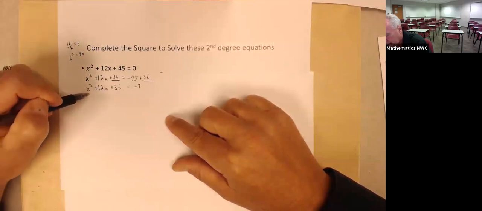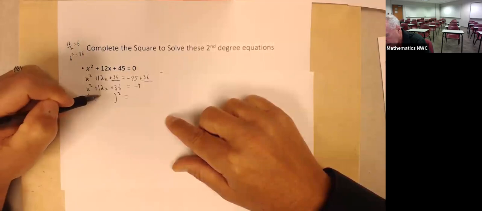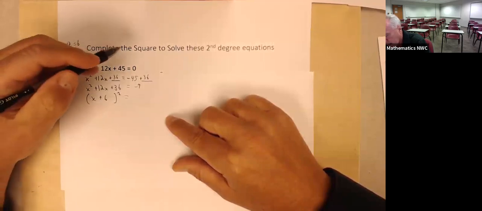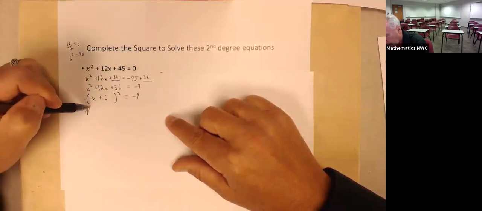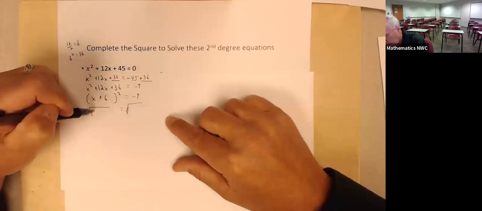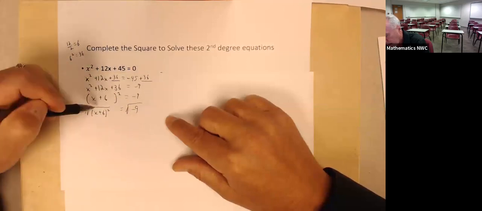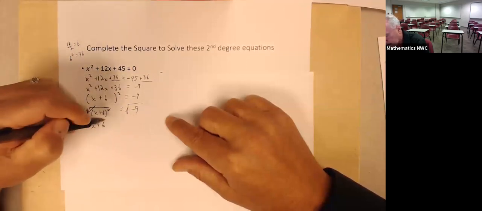Well, then this side becomes a perfect square. It's x plus 6 and x plus 6. This side happens to be a negative number. I can square root both sides. The square root and the squared cancel. I get x plus 6.